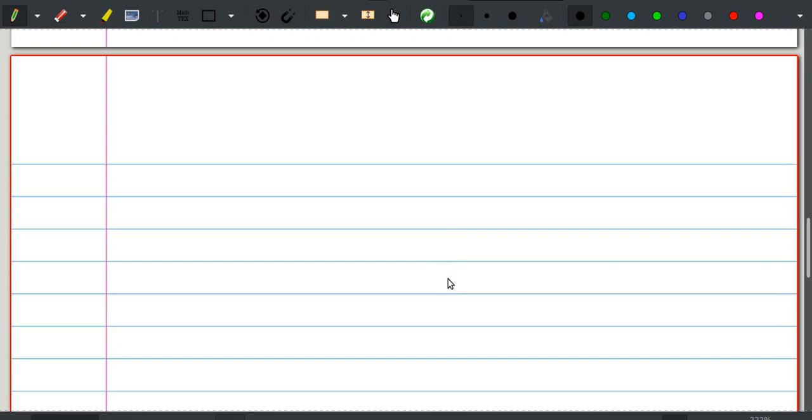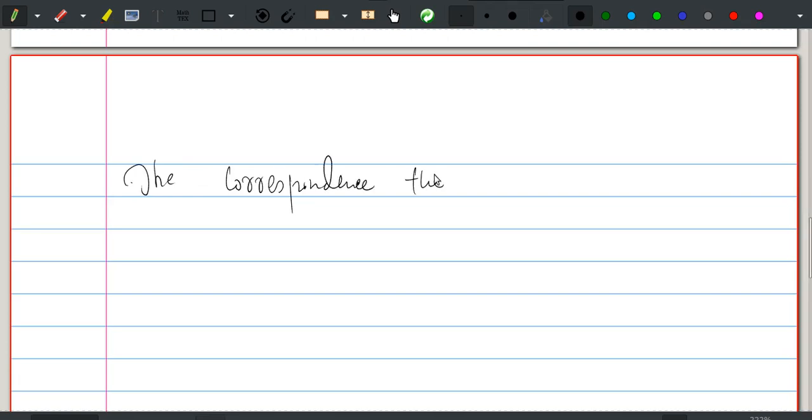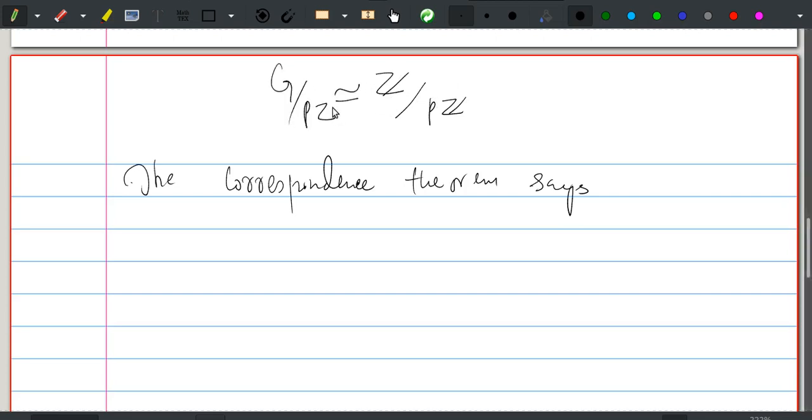Now Z/pZ being a field and this group being isomorphic to G/pG, one can note here this is also a field.